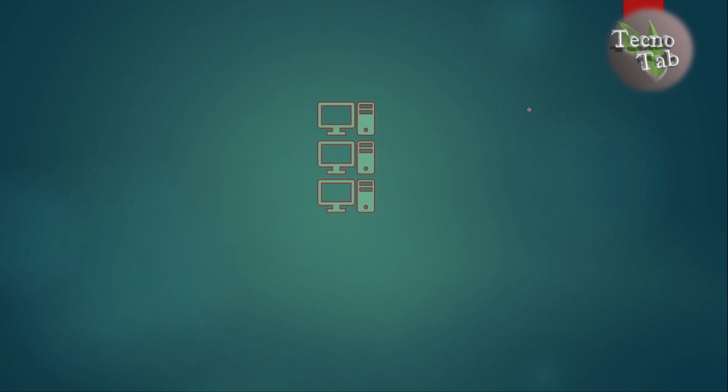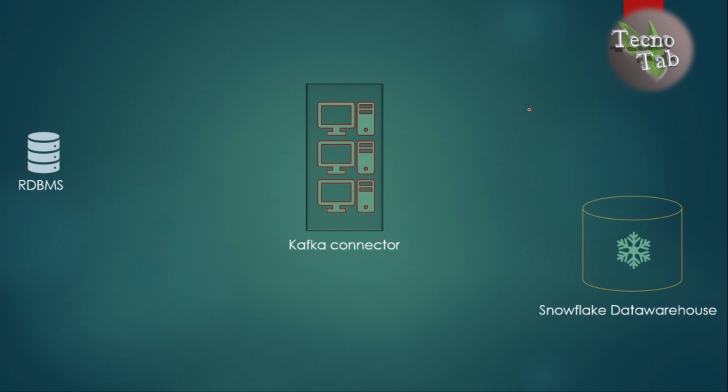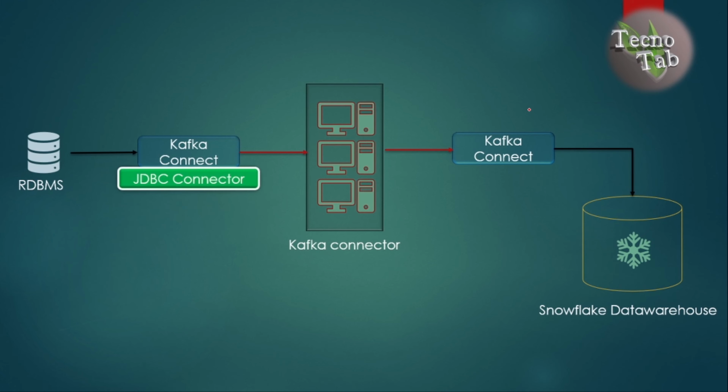Assume that you want to transfer the data from an RDBMS to a Snowflake data warehouse. All you need to do is use the appropriate source connector and sync connector. In this example, we have an RDBMS, so we will use the JDBC connector. If we had XML data here, we would have used an XML connector.